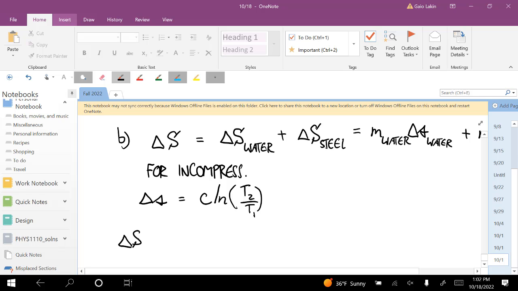So the total change in entropy is the mass of the water times the specific heat of the water, 4186, times the natural log of the final temperature, 283.6, divided by the starting temperature of the water, 283.